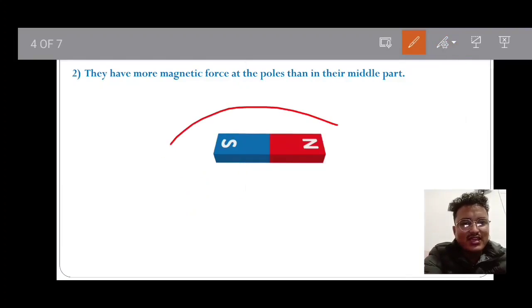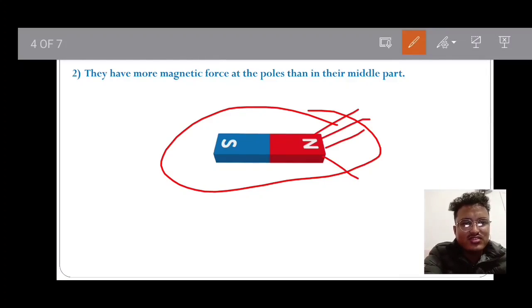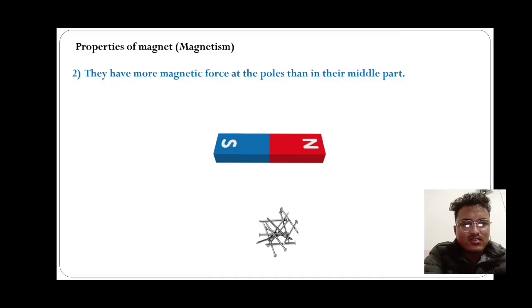The entire magnet has magnetic force, but at the edges, the poles, the magnetic force is higher compared to the middle part. This is the reason why the nails get attracted to the poles first.